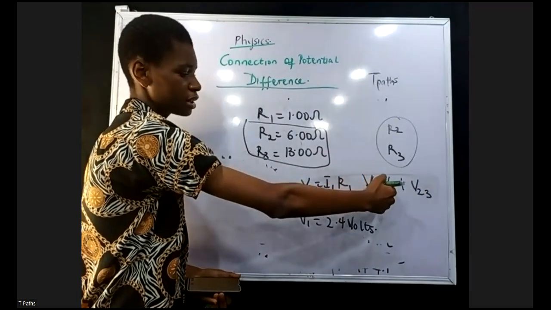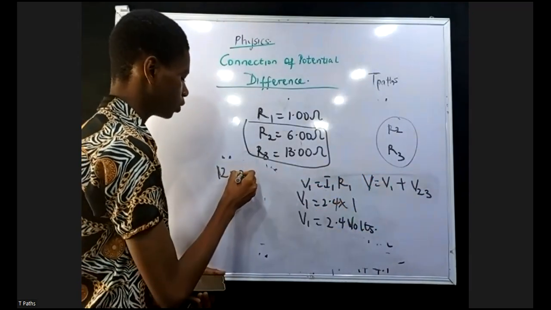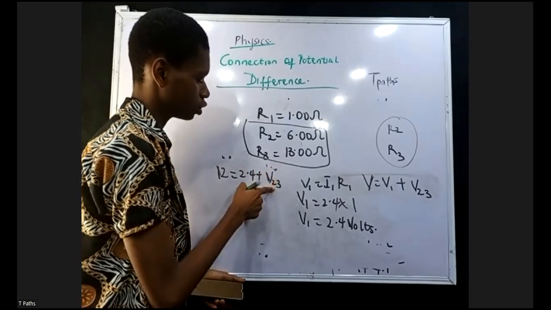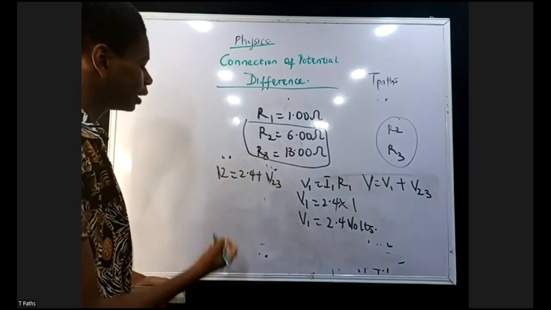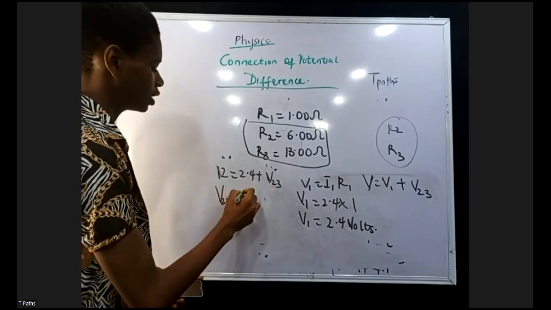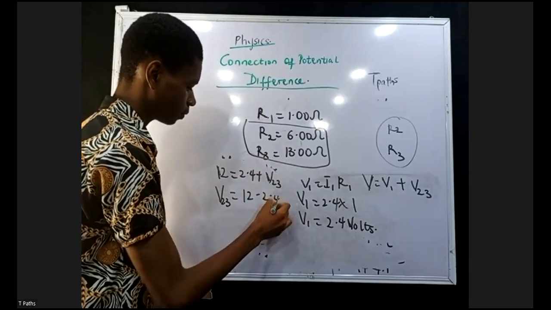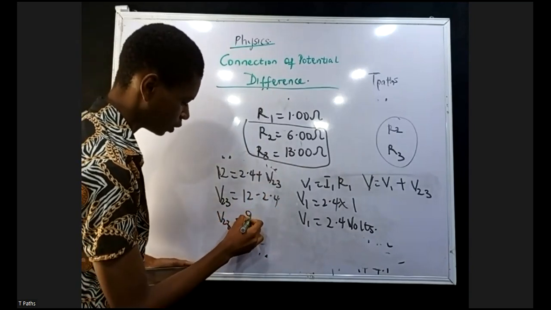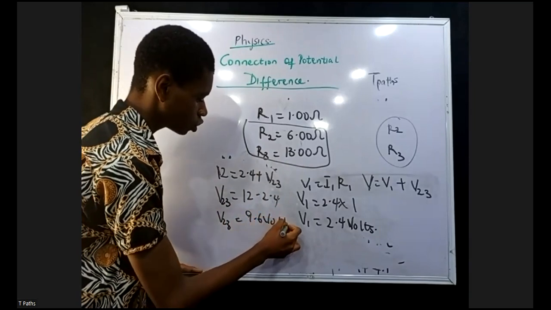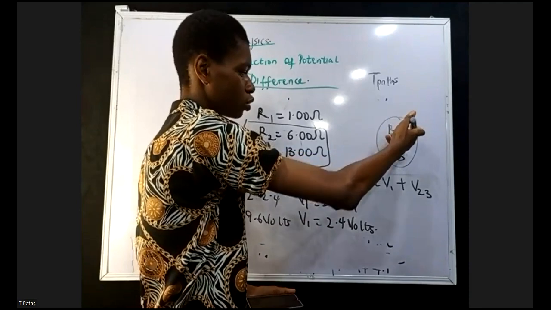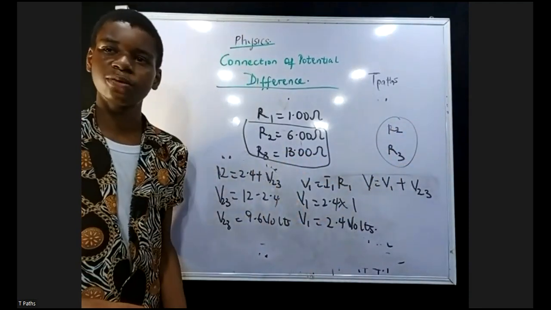The potential difference across resistor 1, I calculated as 2.4 volts, plus the potential difference across resistor 2 and resistor 3. So I can collect like terms and say the potential difference of resistor 2 and resistor 3 is equal to 12 minus 2.4. I think that should give me 9.6 volts. So the potential difference across resistor 2 and resistor 3 is 9.6 volts.